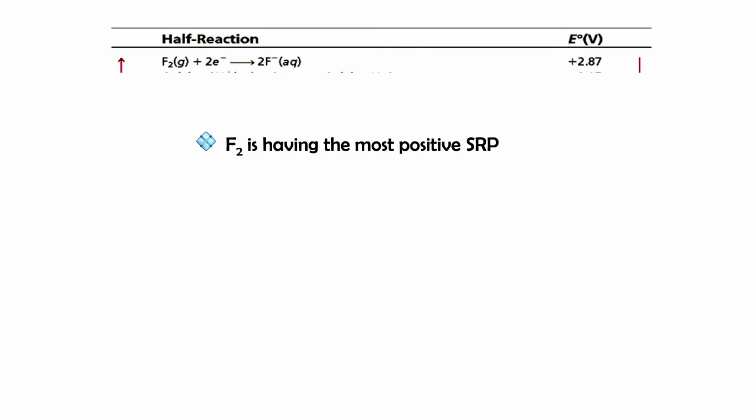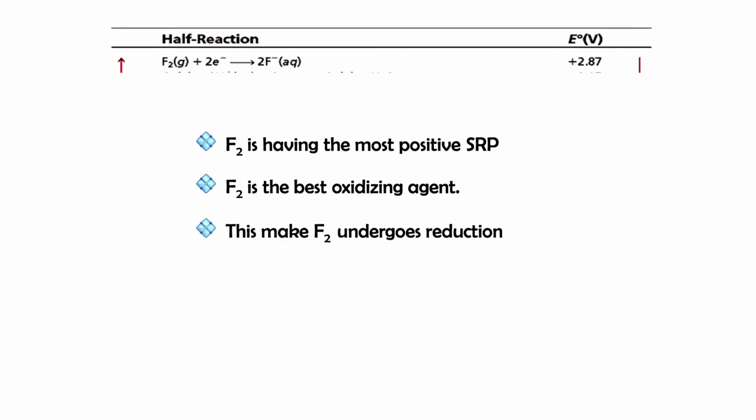As we can see, fluorine gas has the most positive SRP value. This makes fluorine gas the best oxidizing agent ever, and it will undergo reduction. However, on the other side, fluoride is the worst reducing agent.